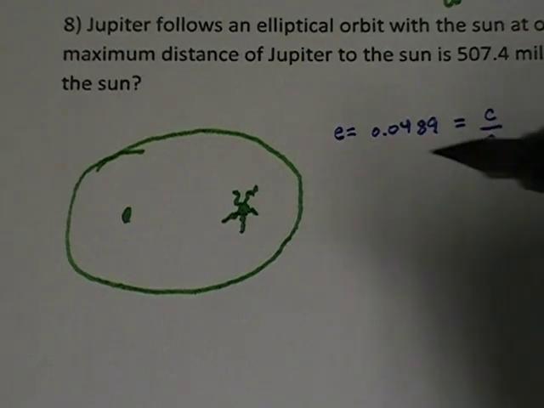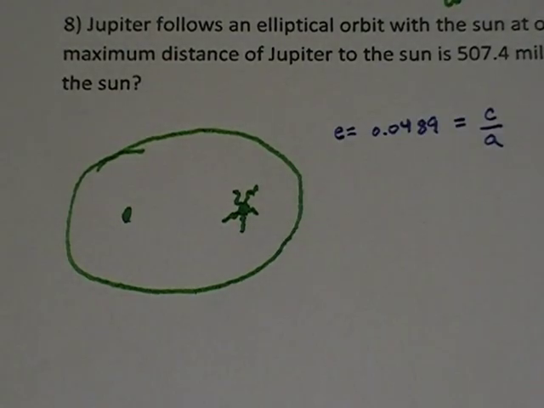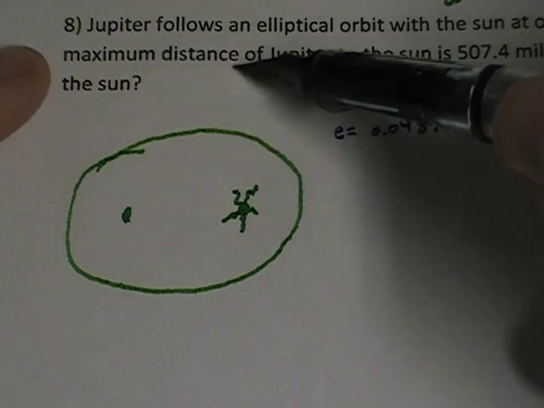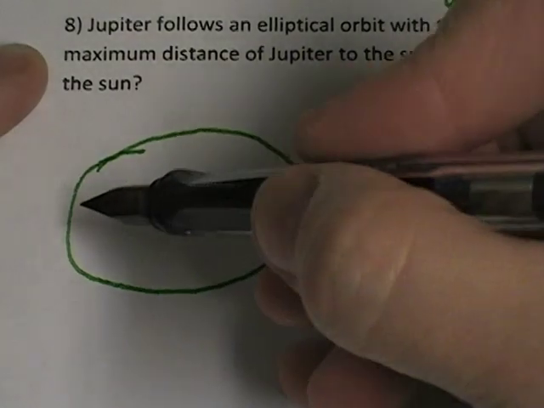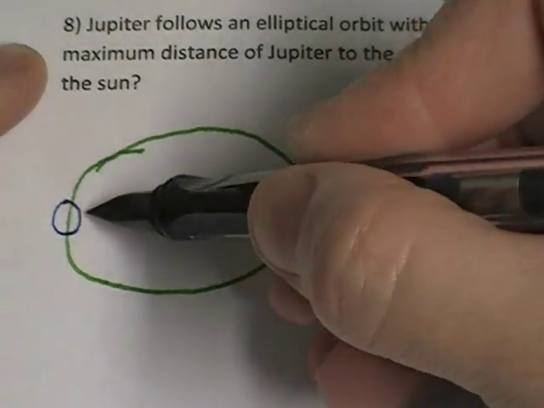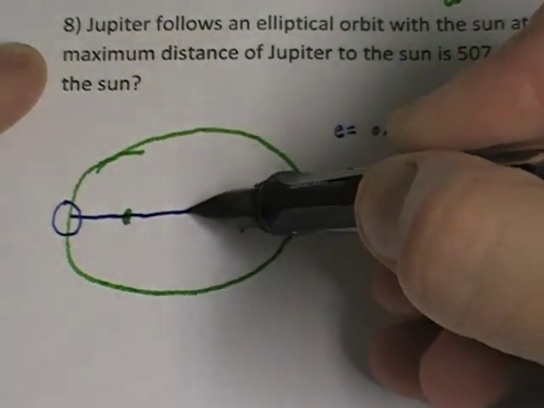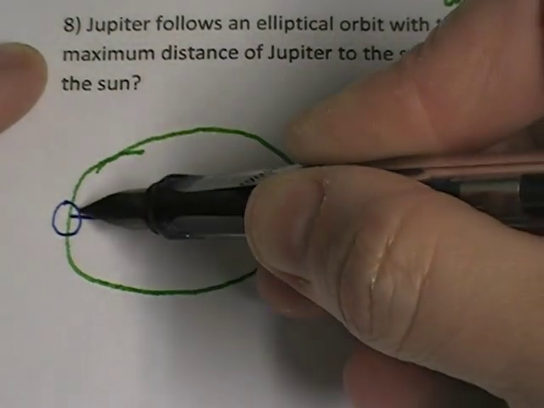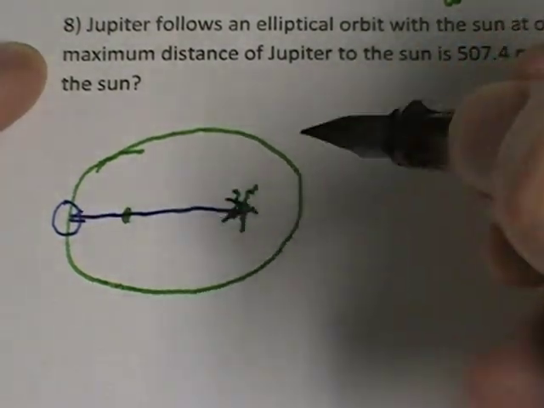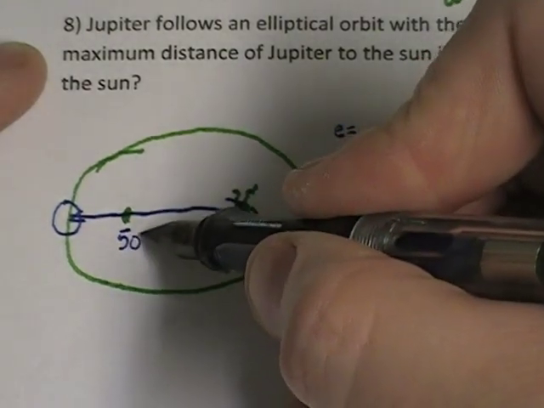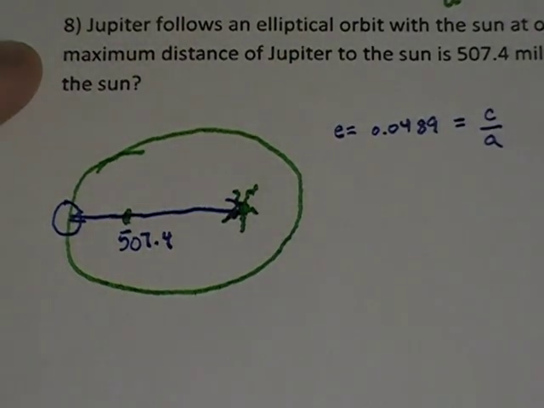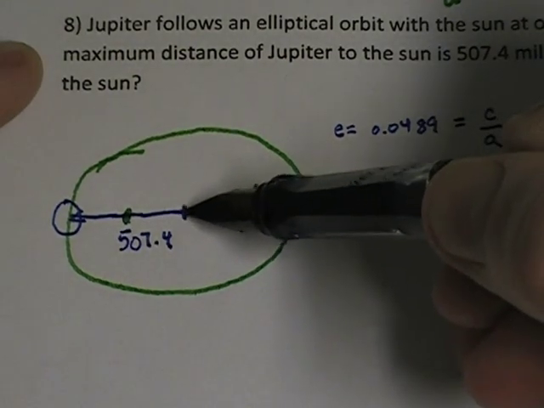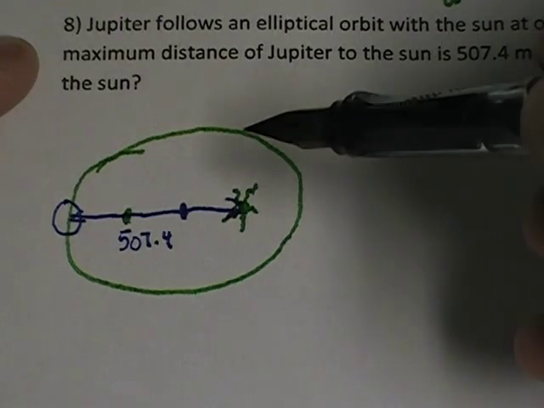Now, they've also told me that the maximum distance from Jupiter to the Sun is 507.4 million miles. So here's Jupiter. And they're telling me that distance is 507.4 million miles.